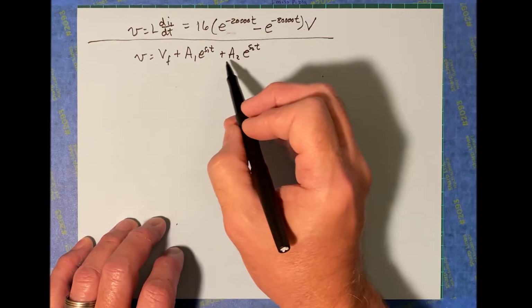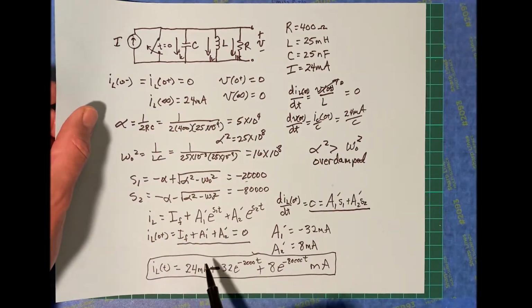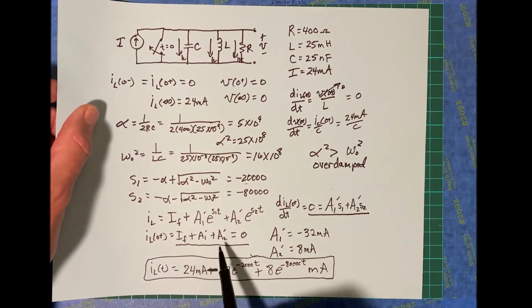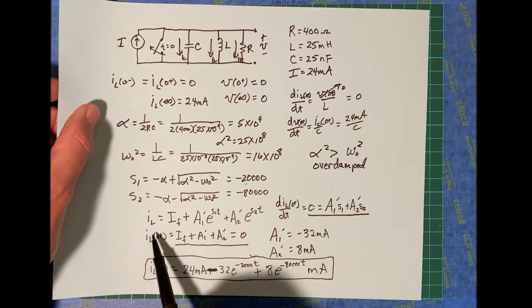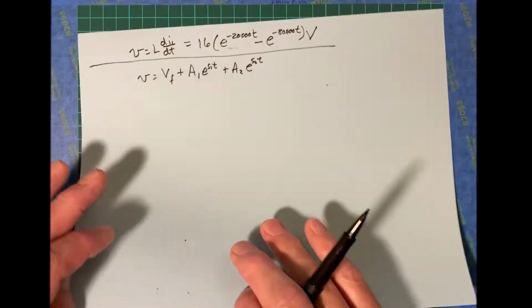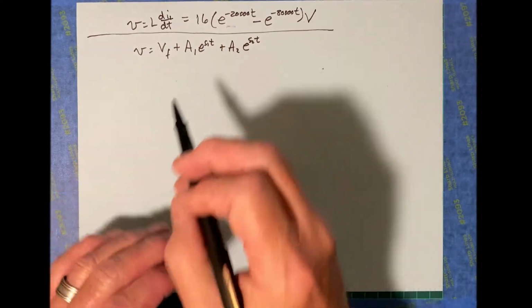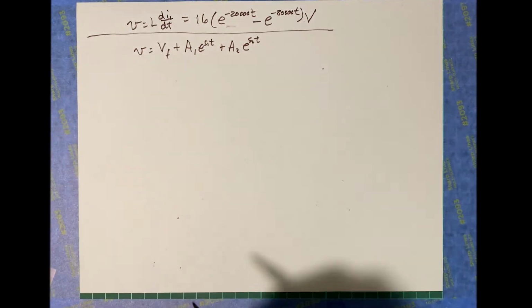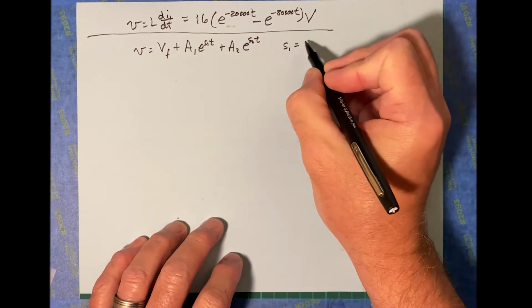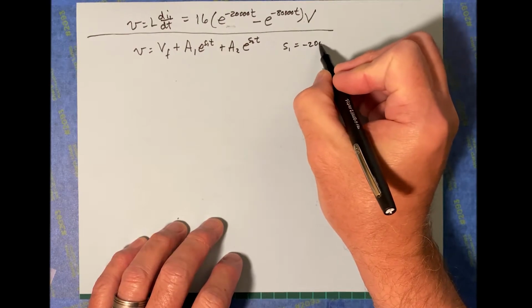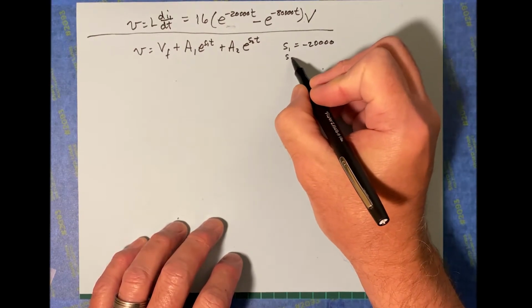Your A's are going to be computed using the same technique, but they are going to be different than this A1 prime and the A2 prime, because the A1 prime and the A2 prime apply to the current for the inductor. So if you start with something like this, well, you just go through the process. S1, do the calculation, is going to be exactly the same, minus 20,000.